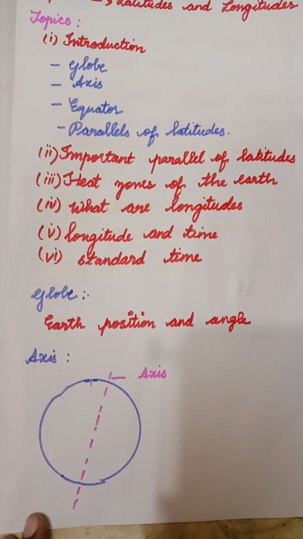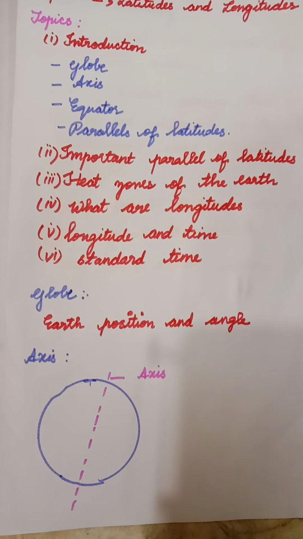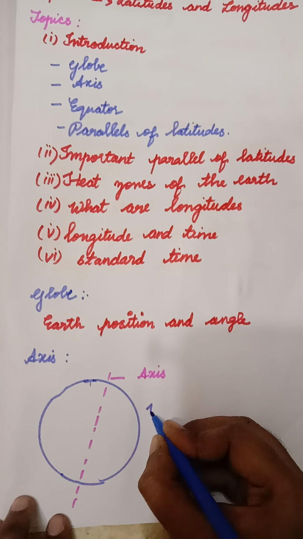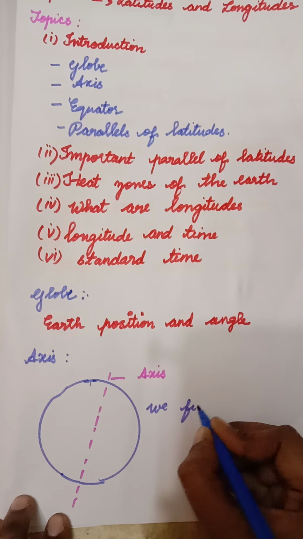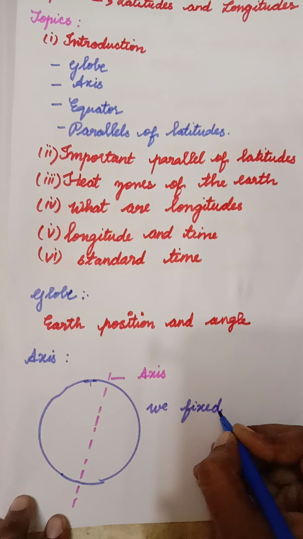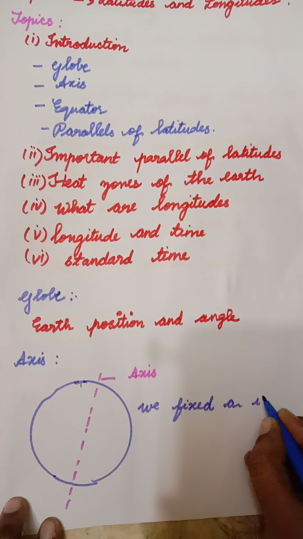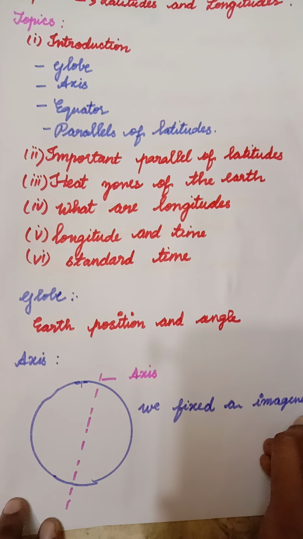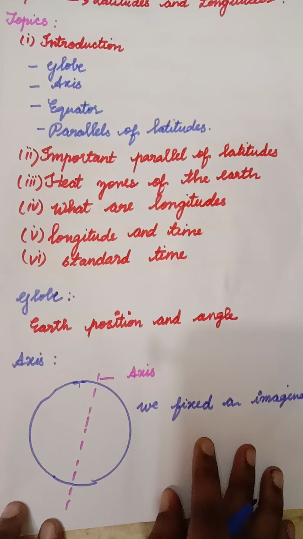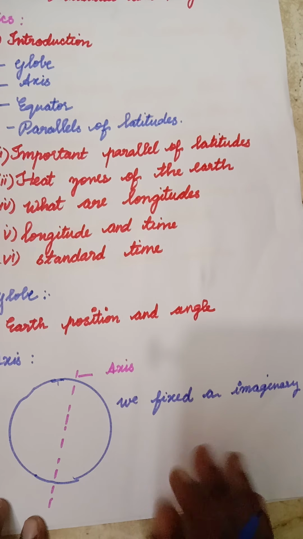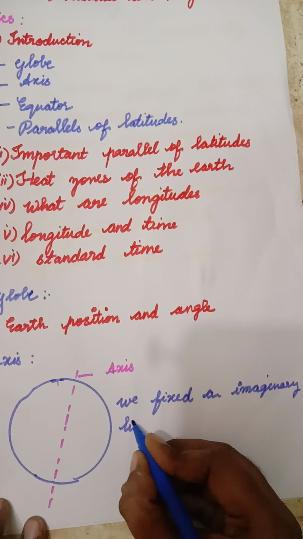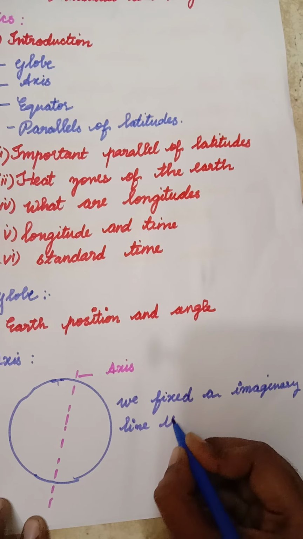So, what is an axis? Axis, if they ask, we fix an imaginary line, and that is known as the axis.